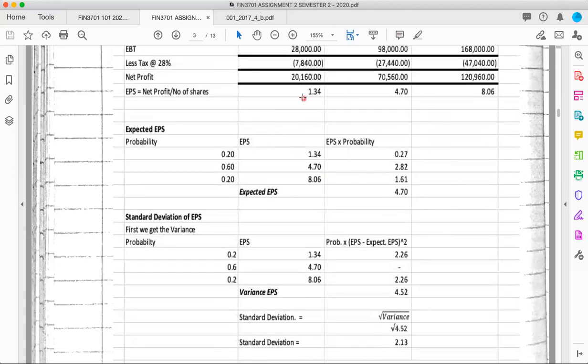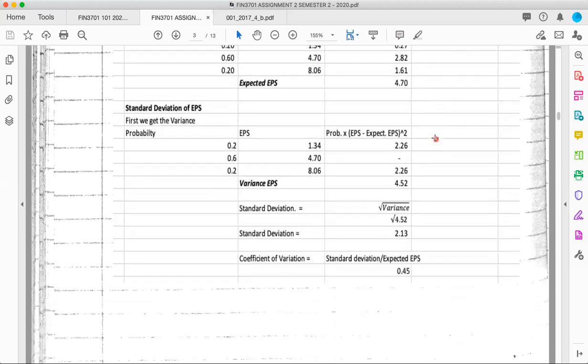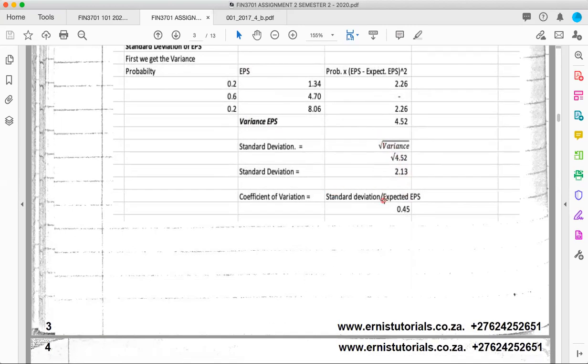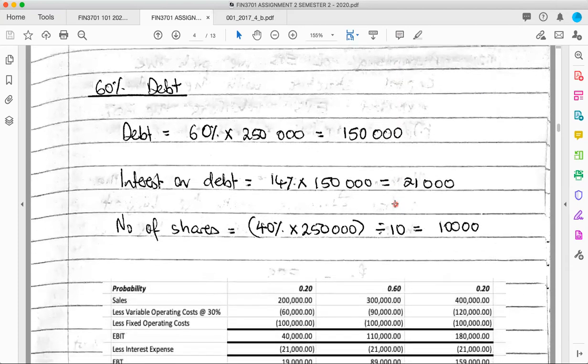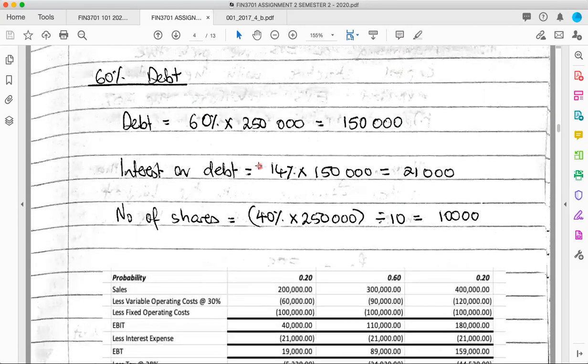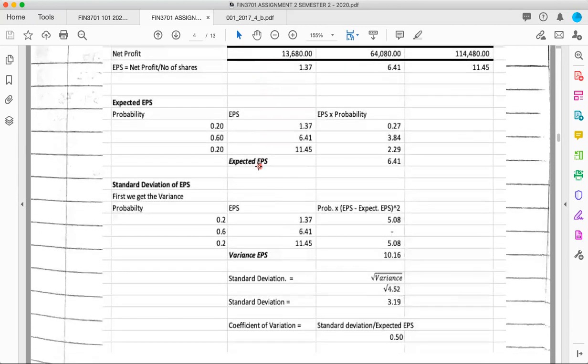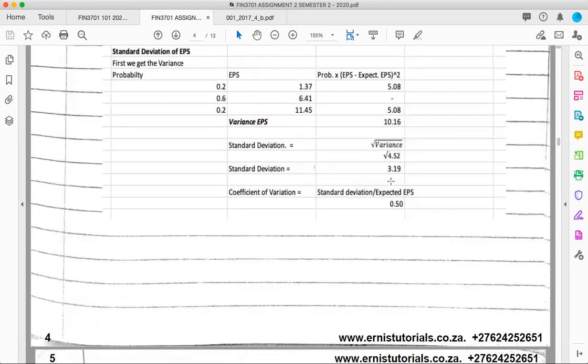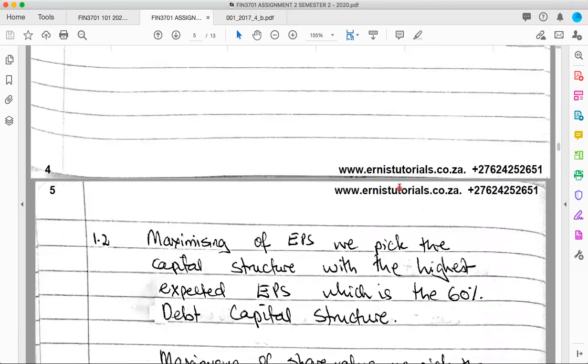Calculate your expected EPS based on these new earnings per share that we just calculated. Calculate the standard deviation of the EPS by first getting the variance of the EPS, and then you get the standard deviation of the EPS, exactly like what I did before. Divide the standard deviation by the expected EPS. So we then do that lastly again for the 60% debt ratio, exactly the same. And we get 0.5, 10.16, and 3.19. Okay.